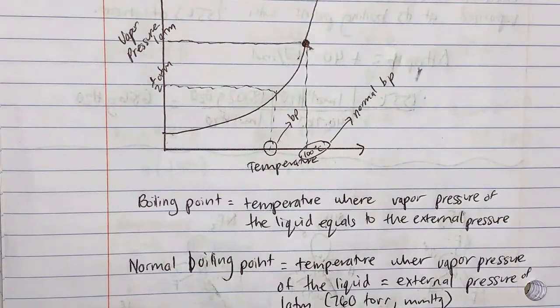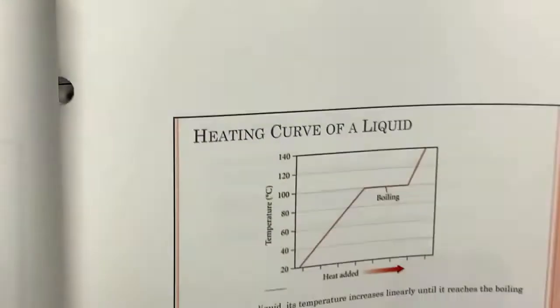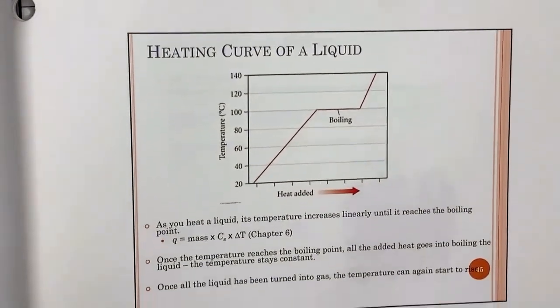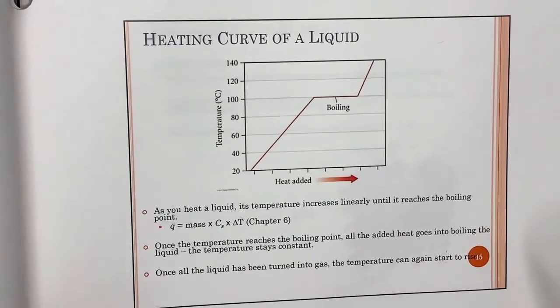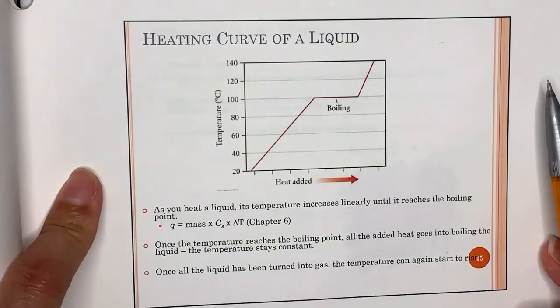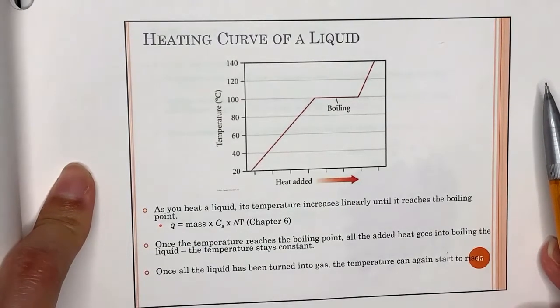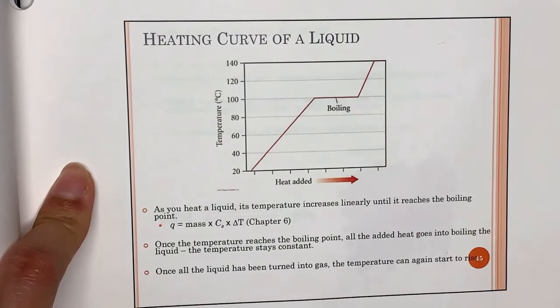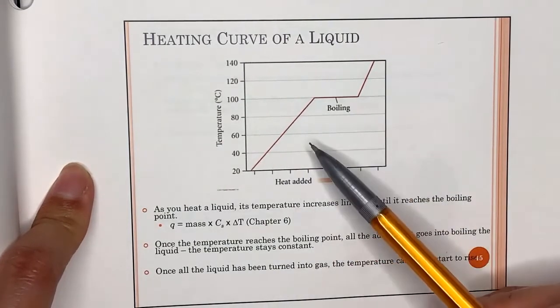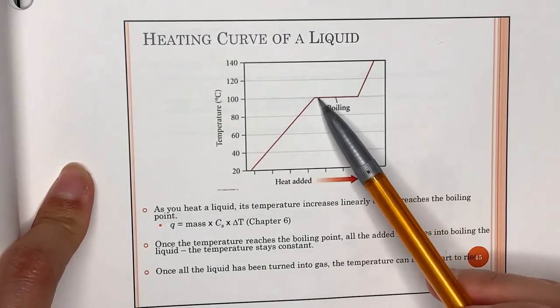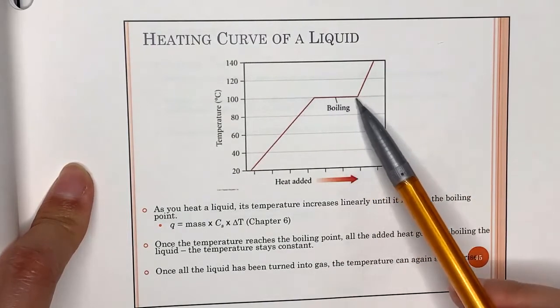And the next thing we want to talk about is, we talked about phase changes, now we want to talk about the energy required to heat and change the phase, or change the temperature in the phase. So in this case, we were talking about changing phase like vaporization from liquid to gas.